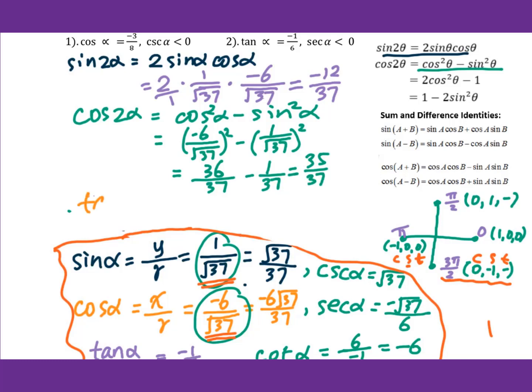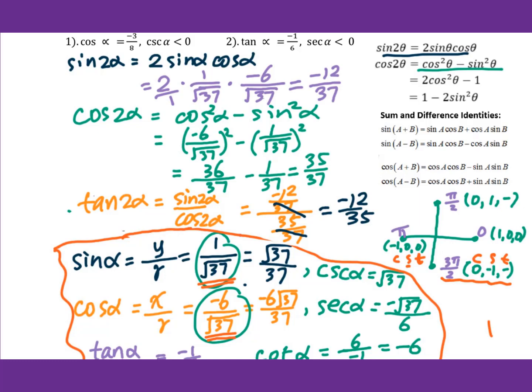For tangent 2 alpha, we use sine 2 alpha over cosine 2 alpha. You will get negative 12 over 37 divided by 35 over 37. Then you reduce, and you will get negative 12 over 35.